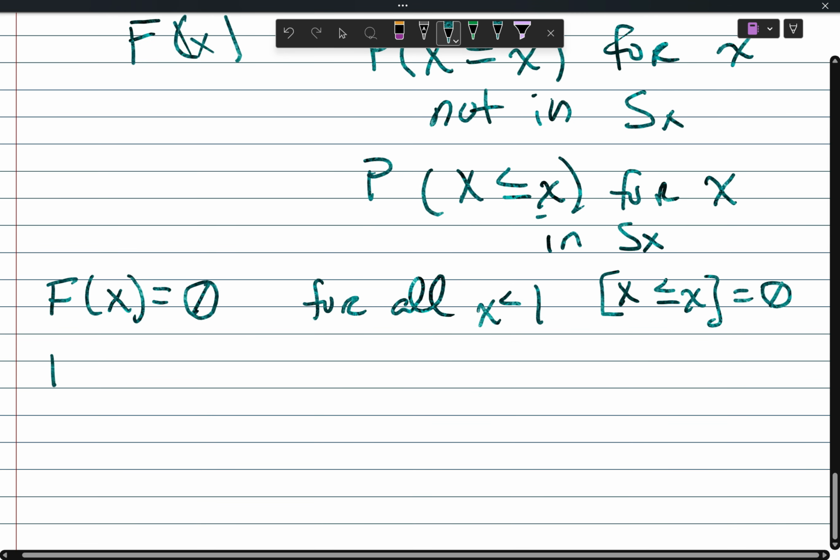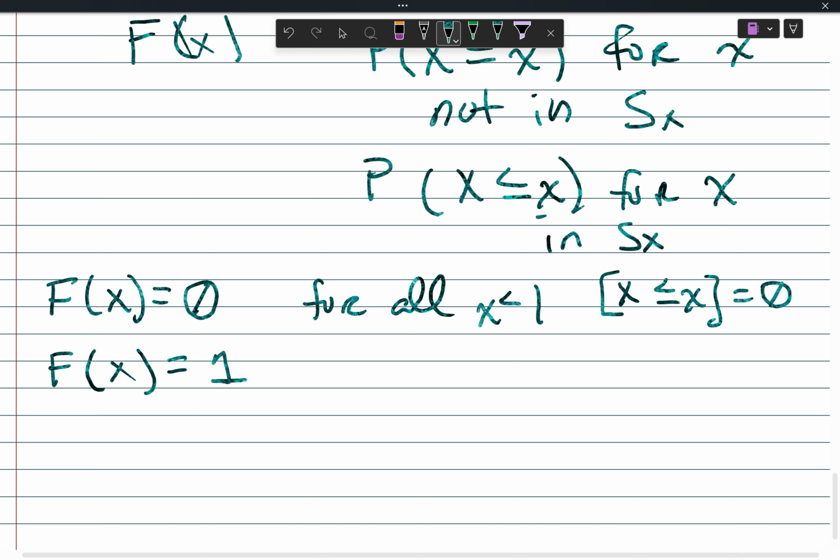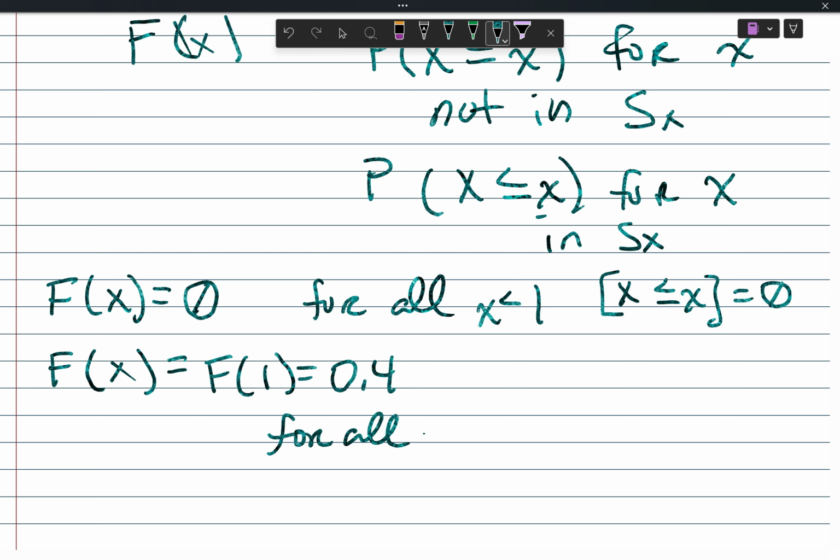And then F(x) equals, let's make that F(1), equals 0.4.